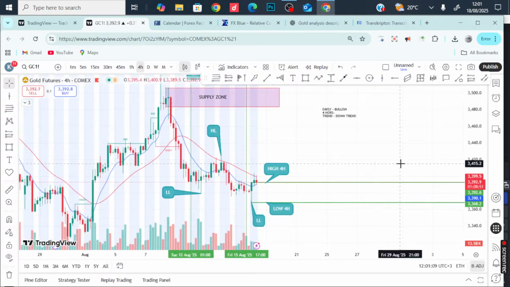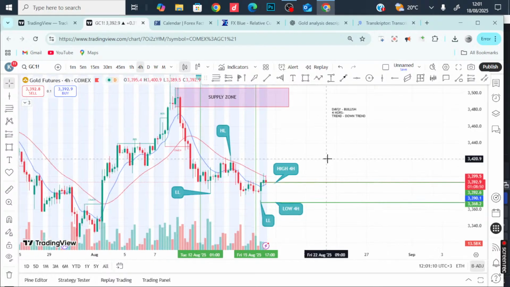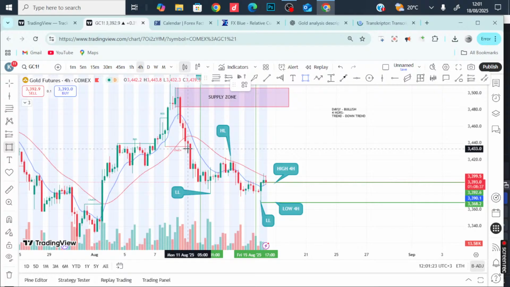Then there was a fair value gap. It created a fair value gap from this point. So it came in the 4 hours, created a supply, and later it created a fair value gap.